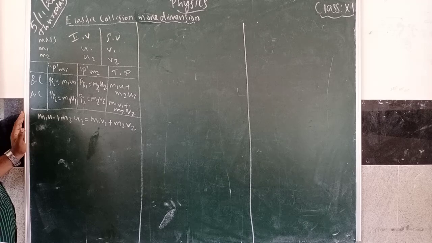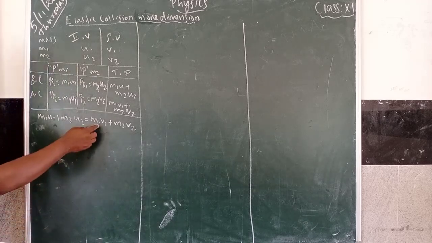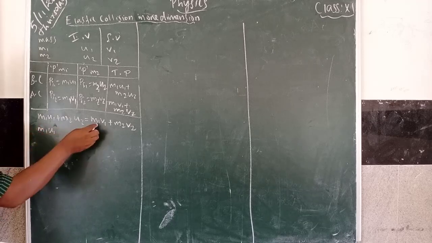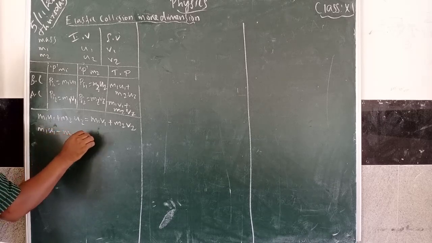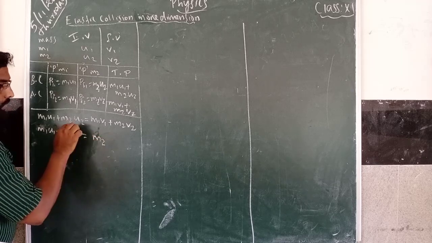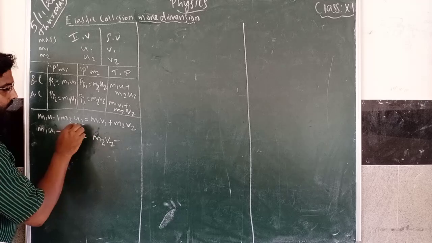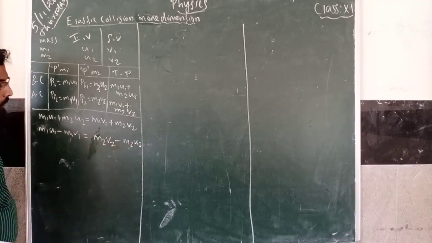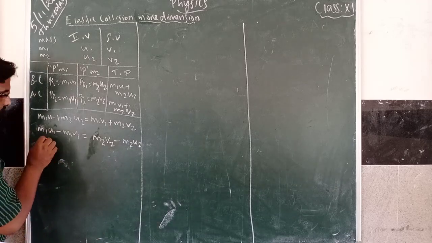From this, you can take all terms to one side. I am taking m1 v1 to this side, so m1 u1 minus m1 v1 is equal to m2 v2 minus m2 u2, taking u2 to that side. Now take m1 outside from here.